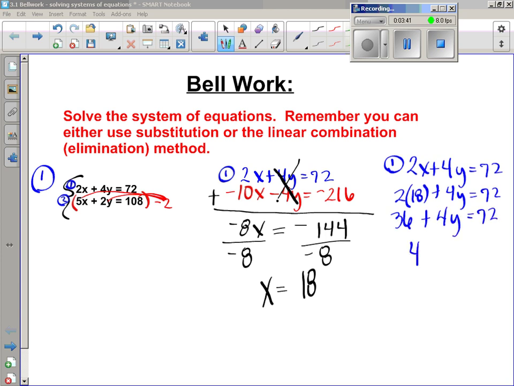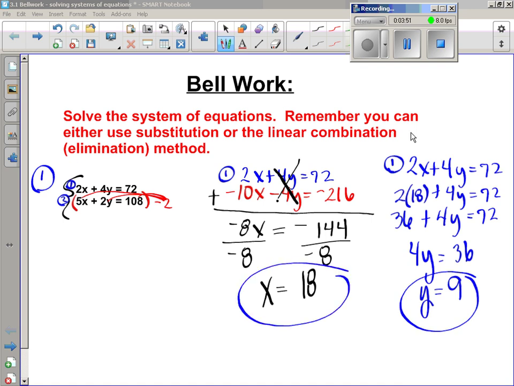Subtract 36. 4y equals 36. And divide by 4, and y is 9. And so the direction said solve the system. And so the solution would be x equals 18 and y equals 9. And remember that that means if you were to graph the two lines, 18, 9 is where they would intersect. That's their point of intersection. Okay?